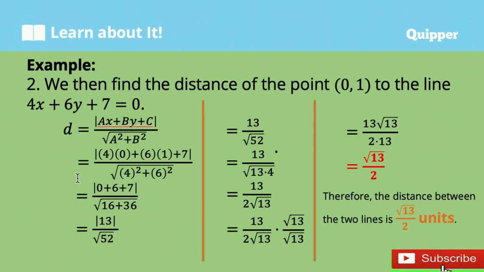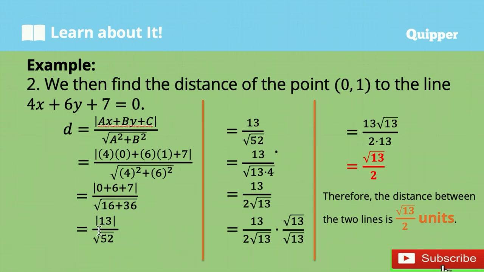Then substitute that into our formula. We have 4 times 0, that is 0. 6 times 1 is 6, then just copy 7. For the denominator, 4 squared is 16, 6 squared is 36. Now simplifying, we have 0 plus 6 plus 7 is 13. And the square root of 16 plus 36 is 52, or the square root of 52.